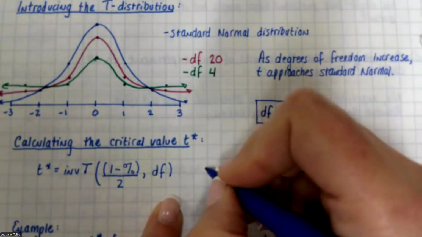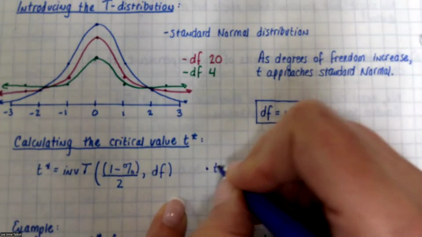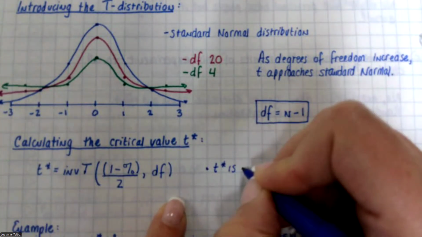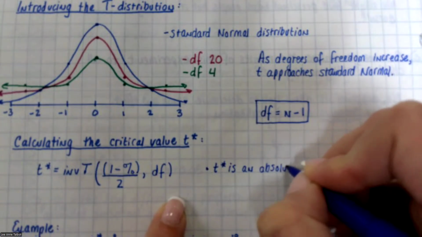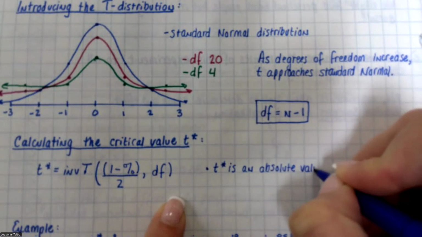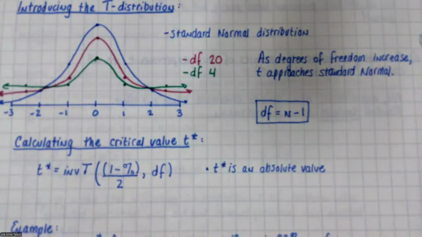Okay, couple of notes. T star is an absolute value. Do you guys remember that Z star was also an absolute value? So it's always positive.